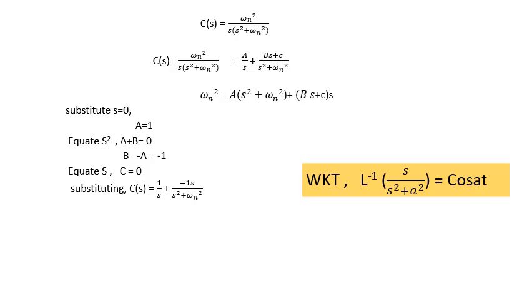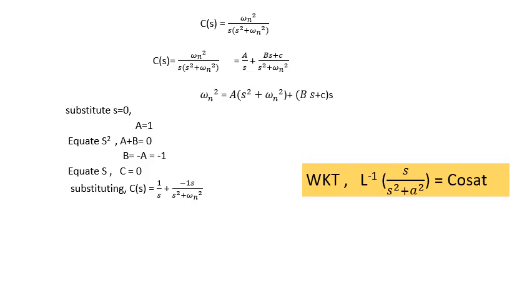My ultimate aim is to find the inverse Laplace, so I'm going to take C of t. C of t is obtained by taking the inverse Laplace of the expression, because this is a time domain response. So I have to convert the frequency domain into time with the help of inverse Laplace.